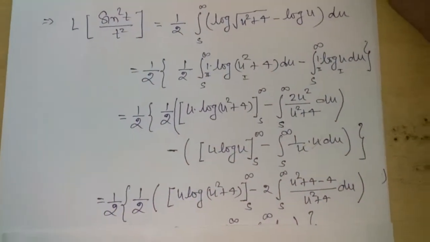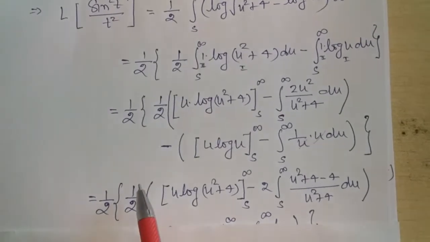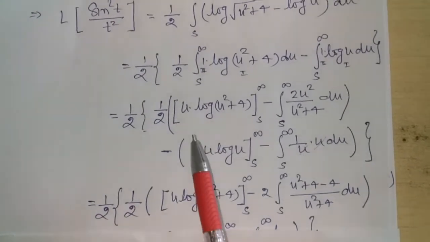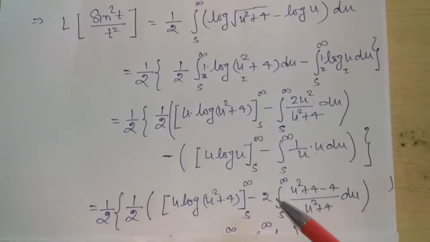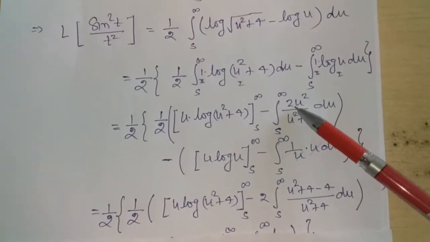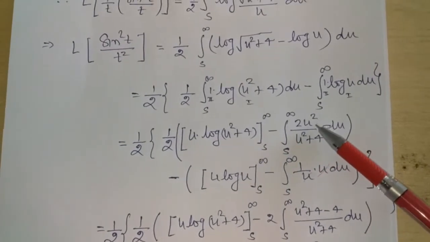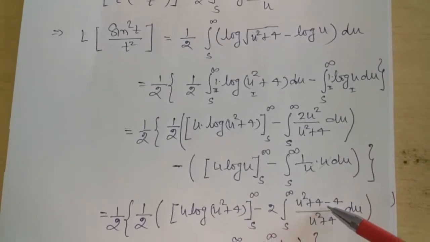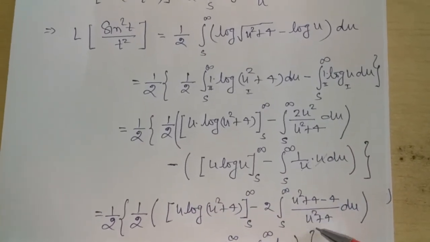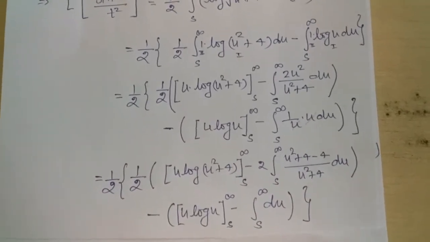So next we have 1 by 2 multiplied by 1 by 2, here we have u log of u square plus 4 from s to infinity, minus this 2 is a constant, so we write it outside the sign of integral, and then we add and subtract 4, so we have u square plus 4 minus 4 upon u square plus 4 du. The rest of the terms we write as they are.